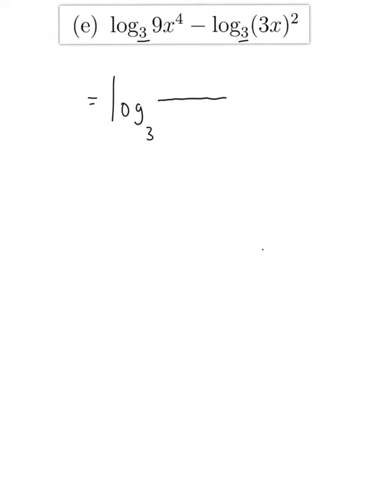This first log is positive, so its argument, this thing, is going to go on top. And the second thing is minus, or negative, which means its argument, this 3x squared, is going to go on bottom. And that's the final answer.